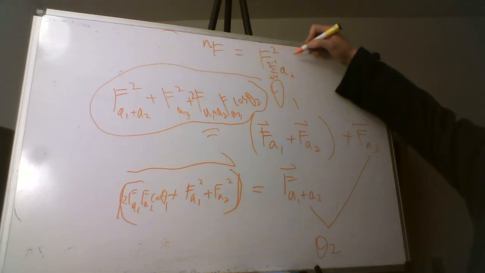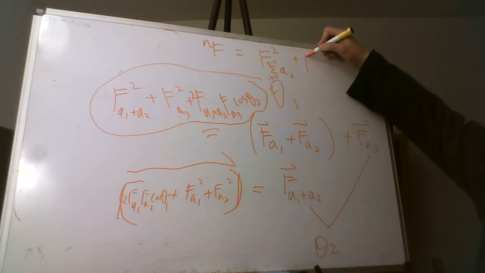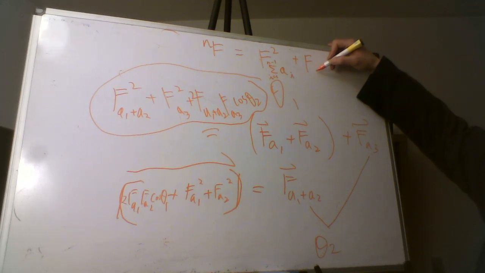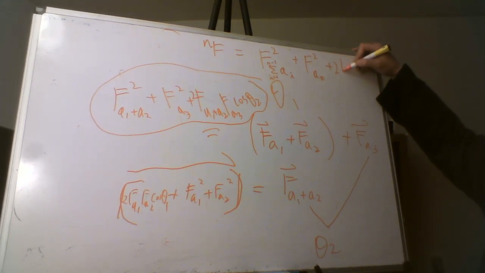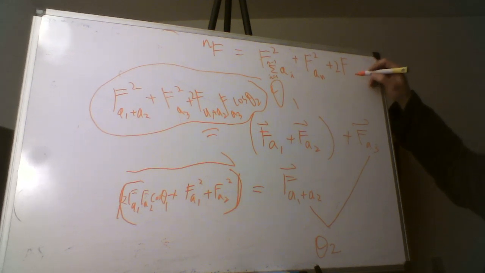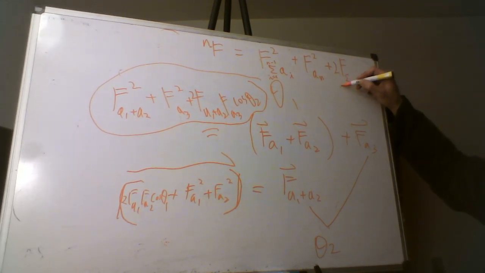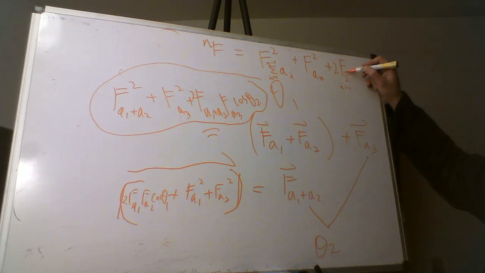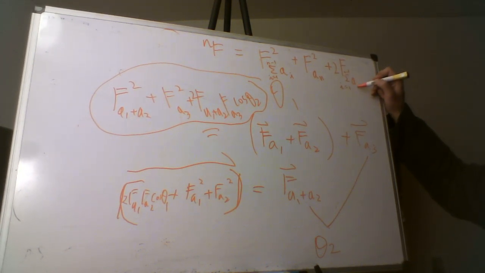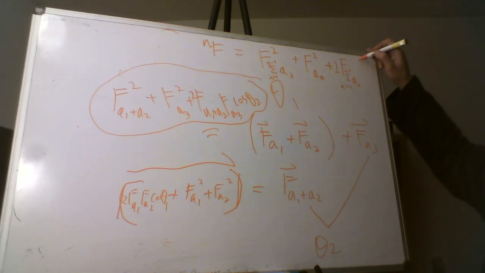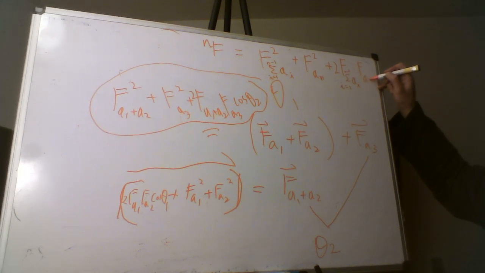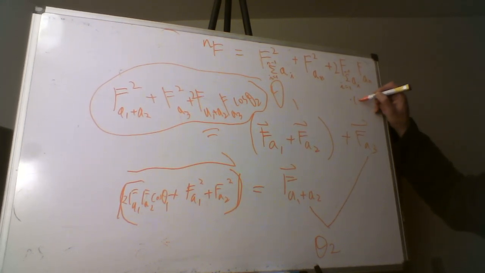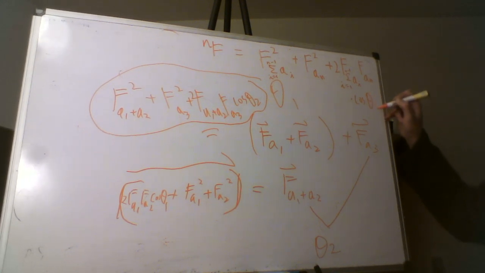f of a n squared plus 2 times f of sigma i is equal to 1 to n minus 1 a i, then f of a n multiplied by cosine theta of n minus 1.